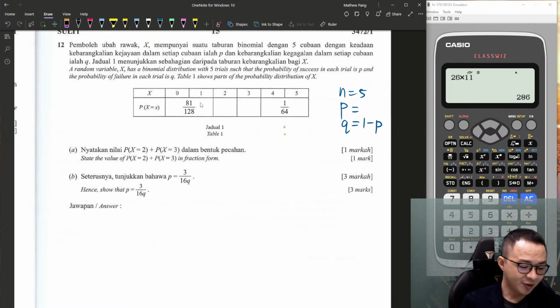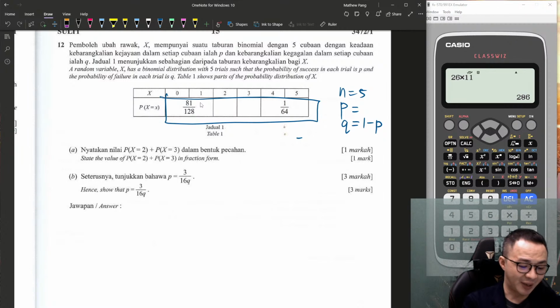Okay, so right now they ask us to state the value of P(X = 2) plus P(X = 3). Basically, if I sum from X equals 0 to X equals 5, I will get 1, because we add all of them.